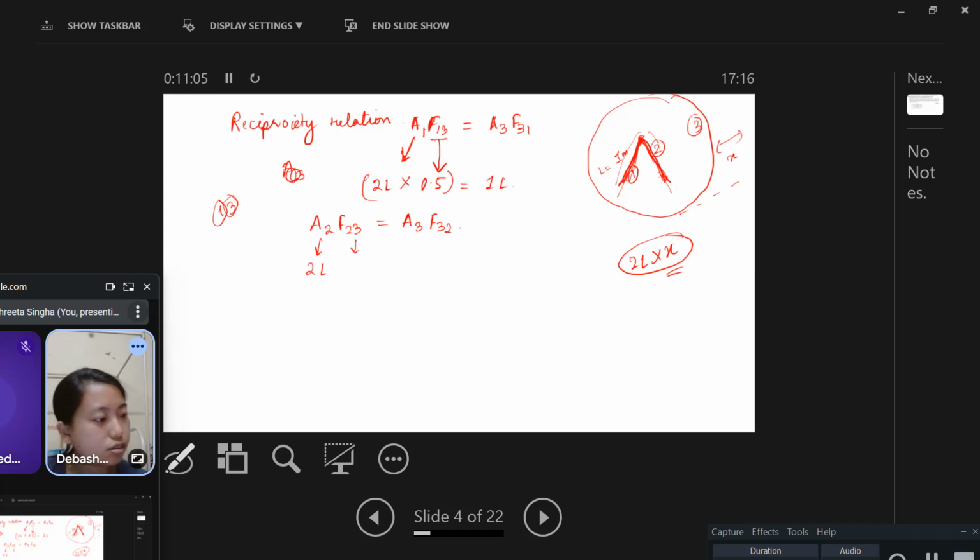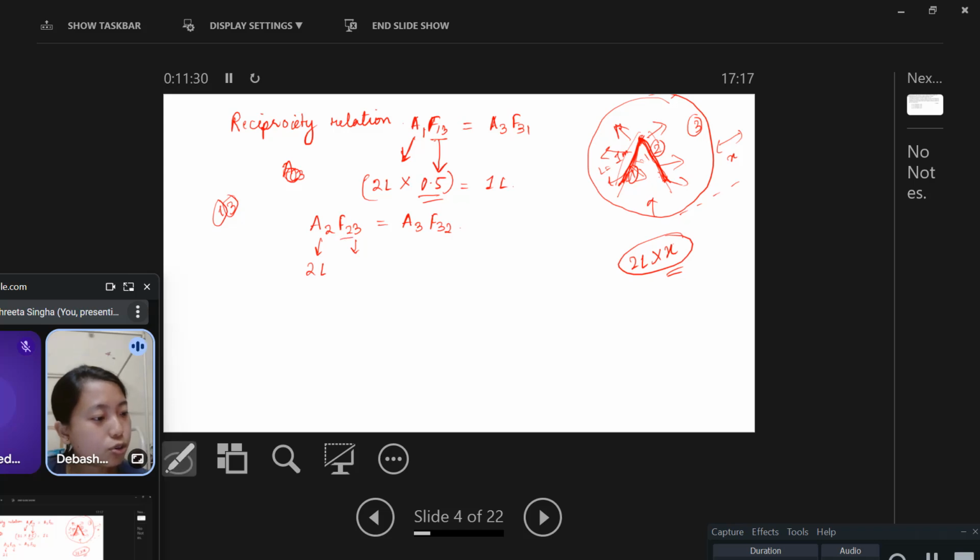But A2 is the outer side, that means this side. So 3 can receive the whole of A2 actually. But the A1 was inside, so some of the radiation, one of the sides of the A1 itself is receiving. So 3 is not getting all of that. That's why it is only half because of symmetry.